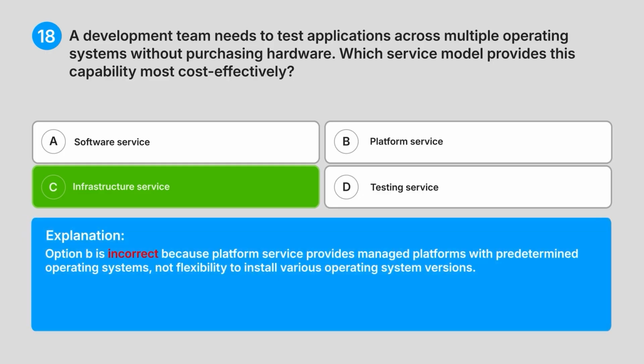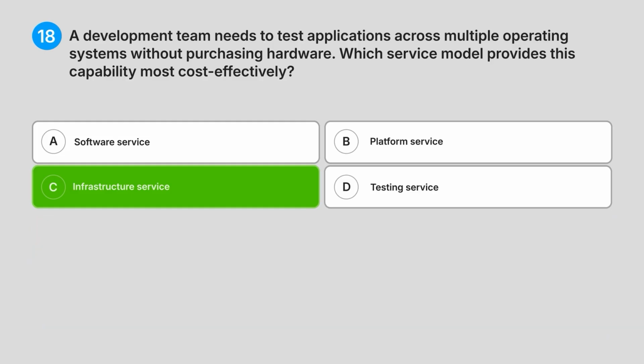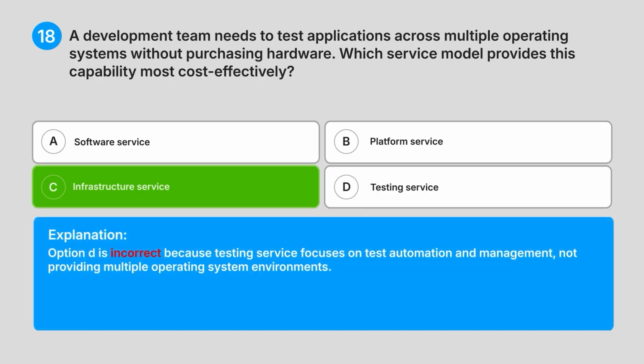Option B is incorrect because platform service provides managed platforms with predetermined operating systems, not flexibility to install various operating system versions. Option D is incorrect because testing service focuses on test automation and management, not providing multiple operating system environments.